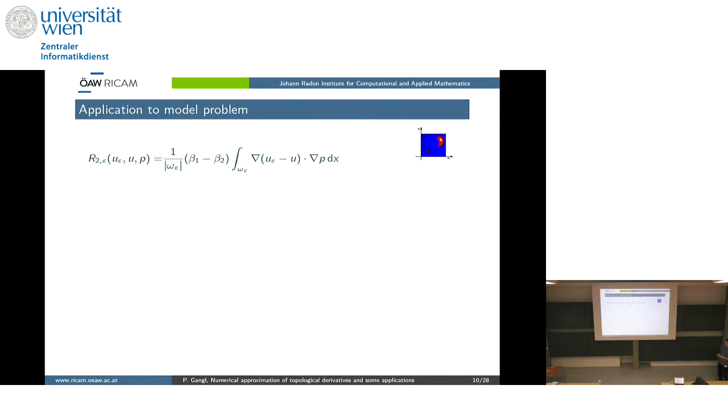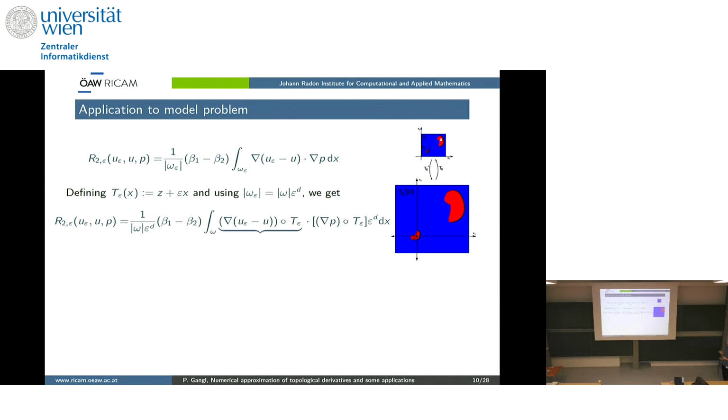What's more interesting is the term R2, which I now want to develop in a bit more detail. So for the model problem, it would look like this. It involves the integral over the inclusion of the gradient of the difference between the perturbed and unperturbed state. And in order to evaluate this term, we introduce a change of variables.